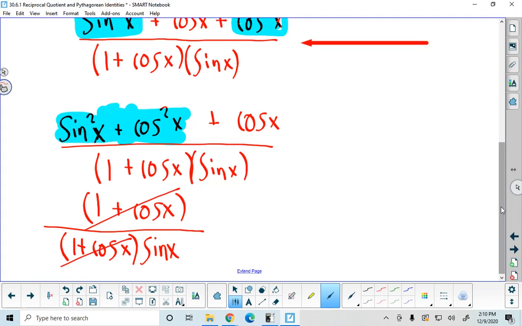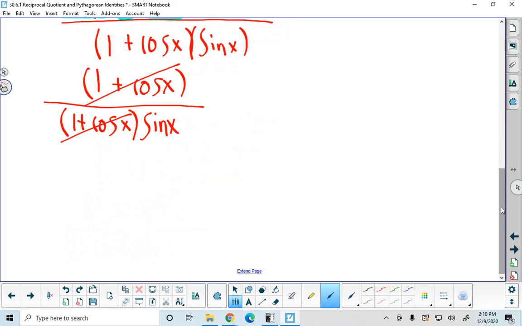1 plus cos x cancels. If I ask a student, what do we have left on the top, and they answer nothing, I ask them, are you sure? You've got to have something there. We're left with 1 when you cancel. So you end up with 1 over sine of x, or cosecant of x. So what does a typical multiple choice question look like?